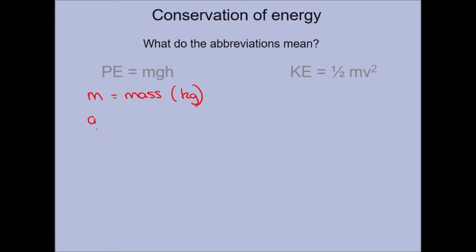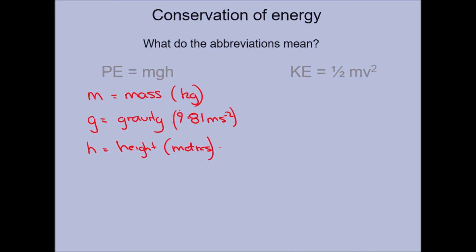We've got g, which is our gravitational constant, and the guys with a good memory will remember that value is 9.81, and that's meters per second squared. So in actual fact it's an acceleration value. And now I've got h, which is height, and the units for that is meters.